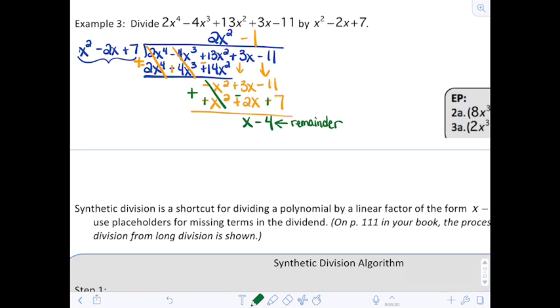So it is positive, and it's going to go in the numerator, x minus 4 over x squared minus 2x plus 7. So to polish this up, my final answer, when I divide, is 2x squared minus 1 plus x minus 4 over x squared minus 2x plus 7.